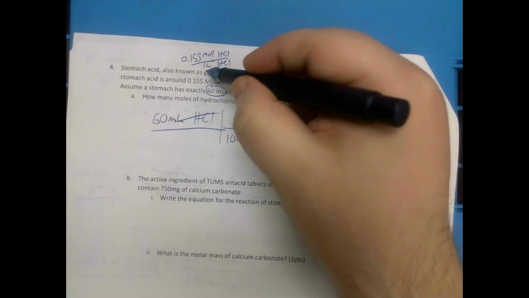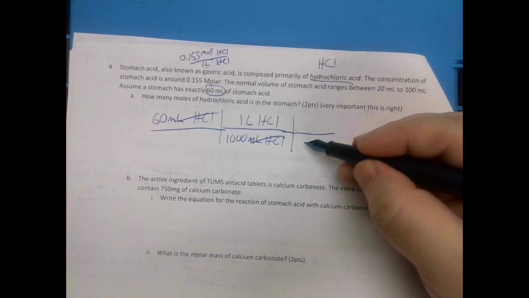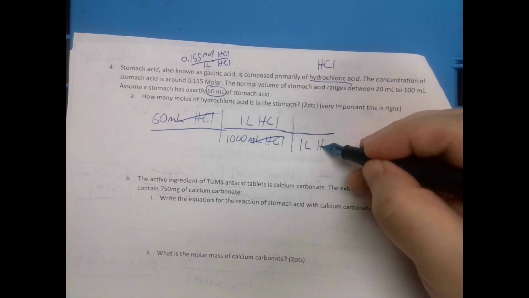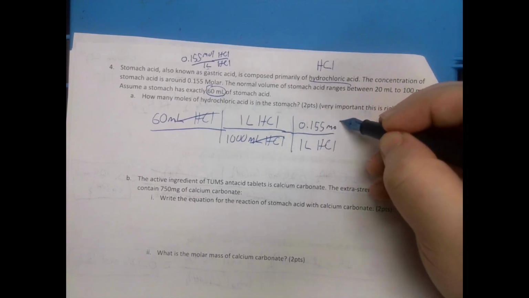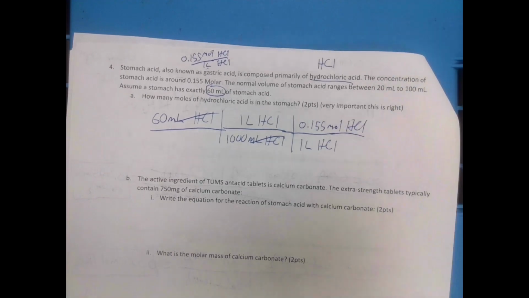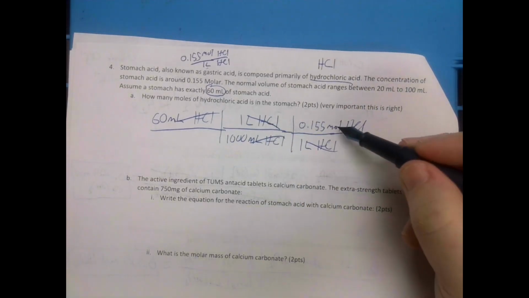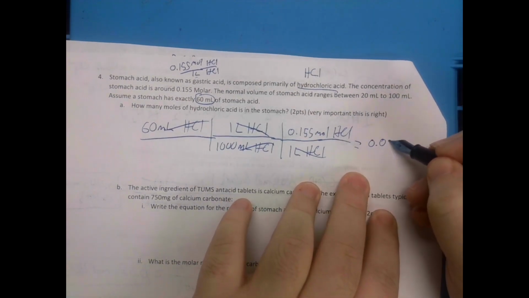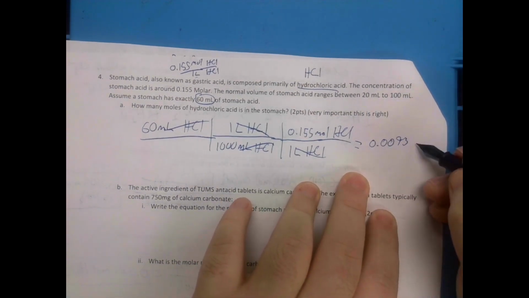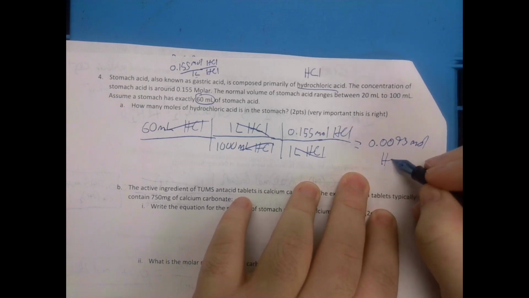And to go from liters to moles, I use this conversion factor: 1 liter of HCl to 0.155 moles of HCl. That gives me moles, what I'm looking for. So our answer is 0.0093 moles of HCl.